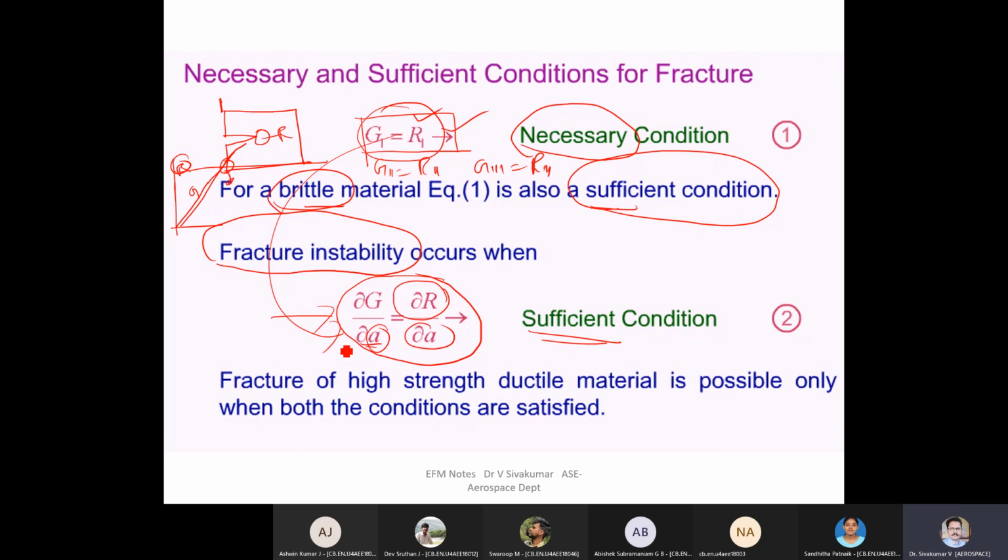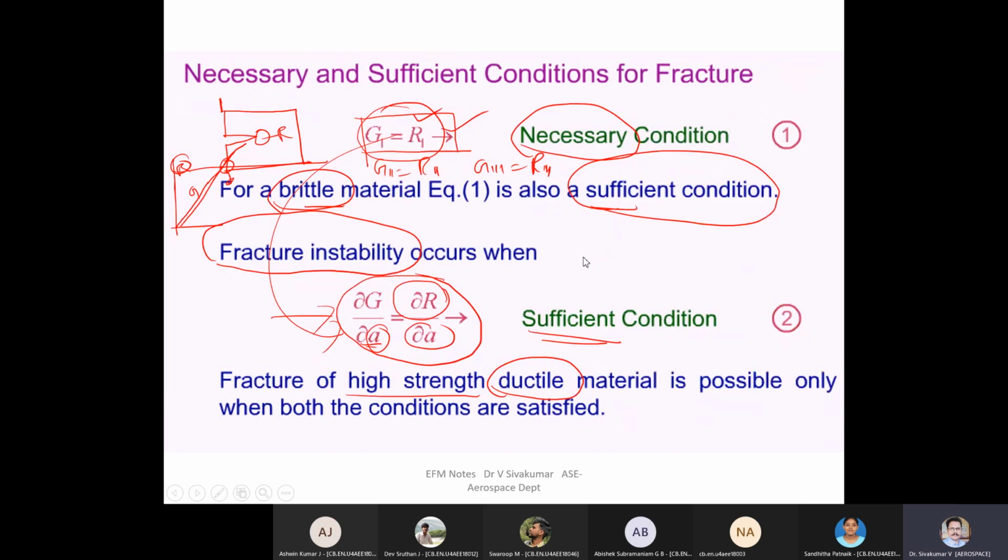So fracture of high strength ductile material is possible only when both the conditions are satisfied.